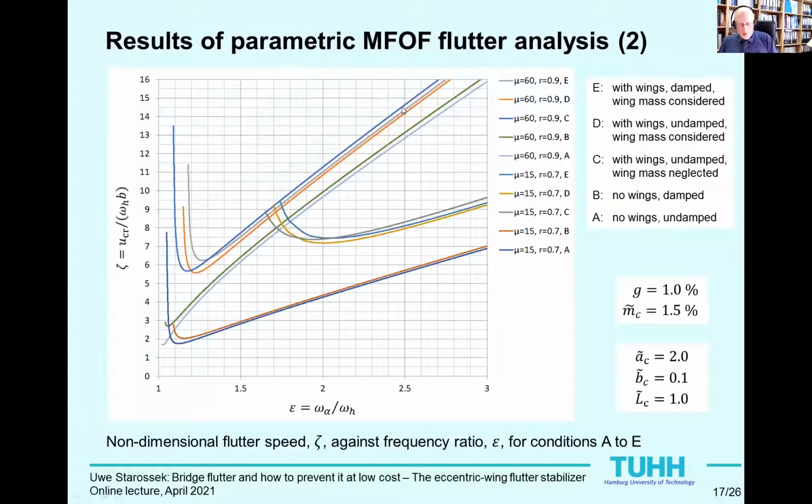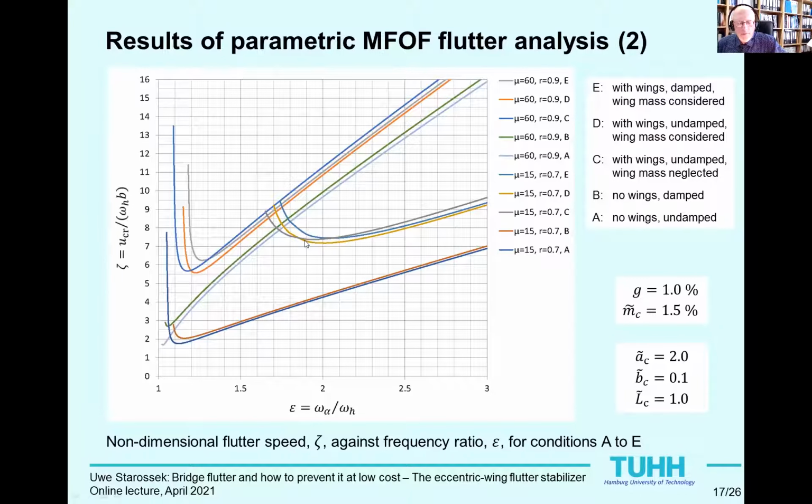In comparison to curves A and B, curves C, D, and E are more rounded and shifted upwards and to the right, both for the lower values of mu and r, which brings us from here to there, and the higher values of mu and r, which brings us from here to there. Furthermore, the start value of epsilon, below which no flutter occurs, increases. All these effects are particularly pronounced for the lower values of the mass ratio mu.